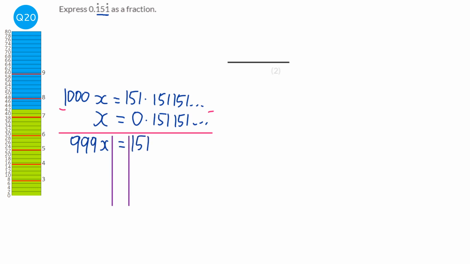Get our solving lines in, because the next thing we're going to do is divide both sides by 999. And so we end up with x equals 151 over 999. And that's our answer.